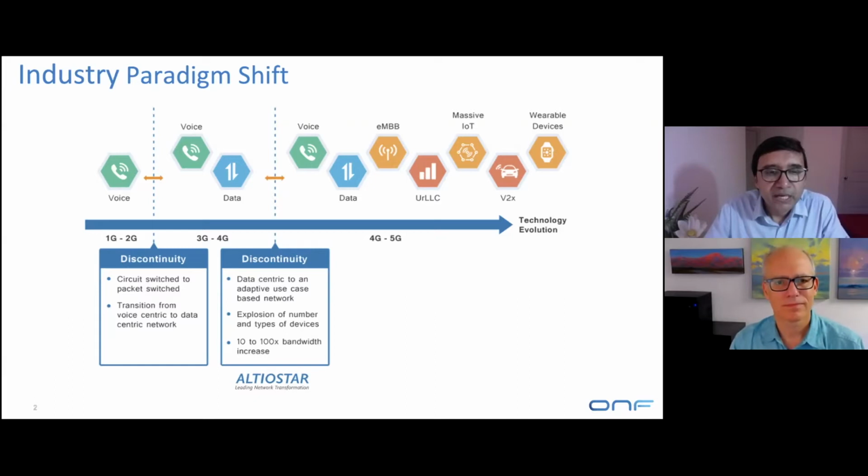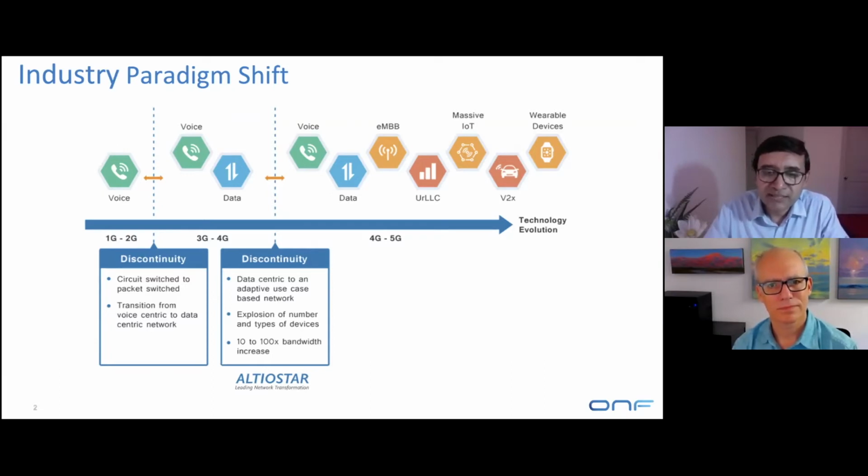And now there is another transition happening in the wireless industry, where we move from 4G to 5G, where obviously there is going to be further higher demand for bandwidth. But other than that, there is an explosion in the number of use cases that a wireless network has to support, which means different applications have to be supported. There are use cases like eMBB, URLLC, massive IoT, and so on. And these have to be supported by the same network.